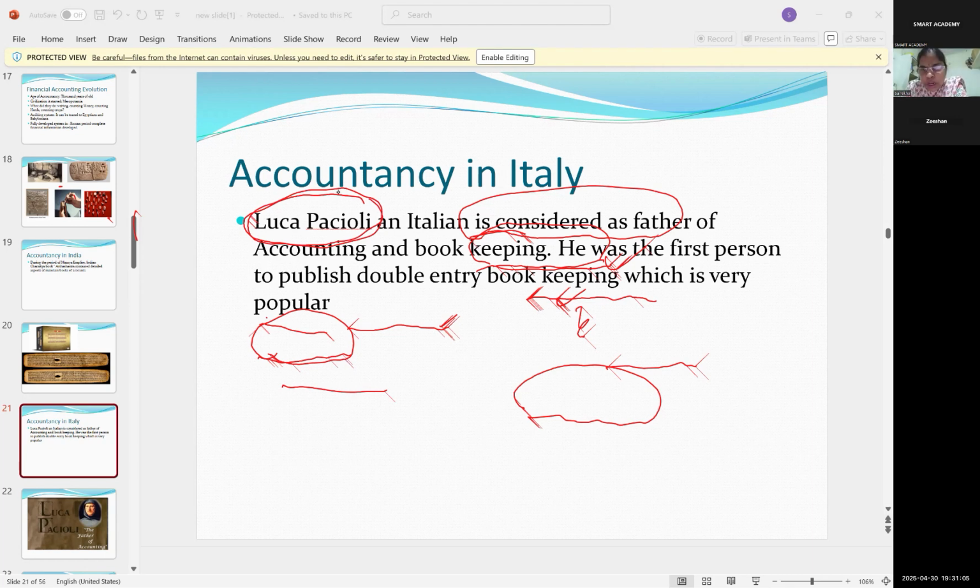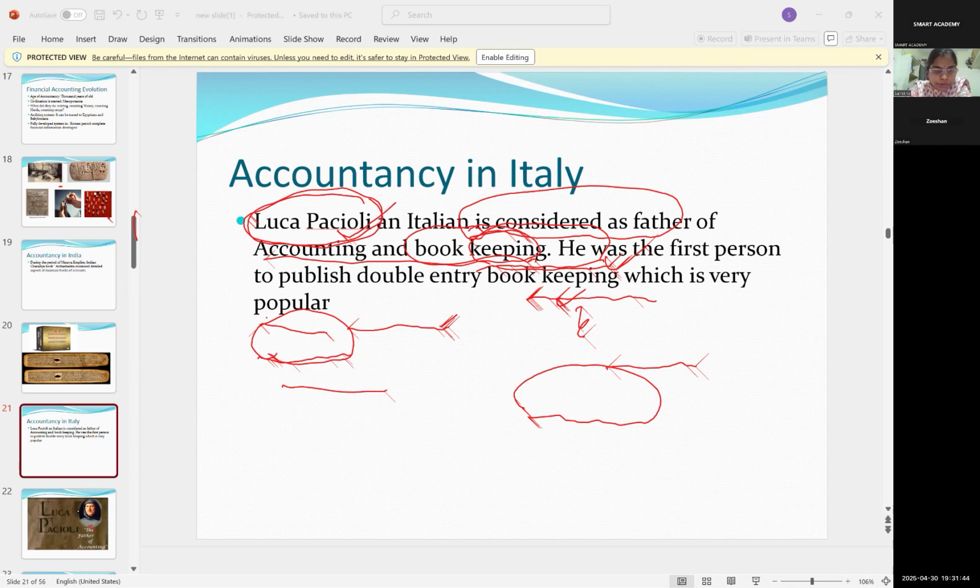Why we are discussing Italy is that this bookkeeping concept was developed by this person, who belongs to Italy. He is considered the father of accounting and bookkeeping. How to keep a book and how to write all the important points was discovered by him. Though India discovered Arthashastra, it did not become famous, but in Italy the concept he developed as bookkeeping became famous, and he is considered the father of accounting.